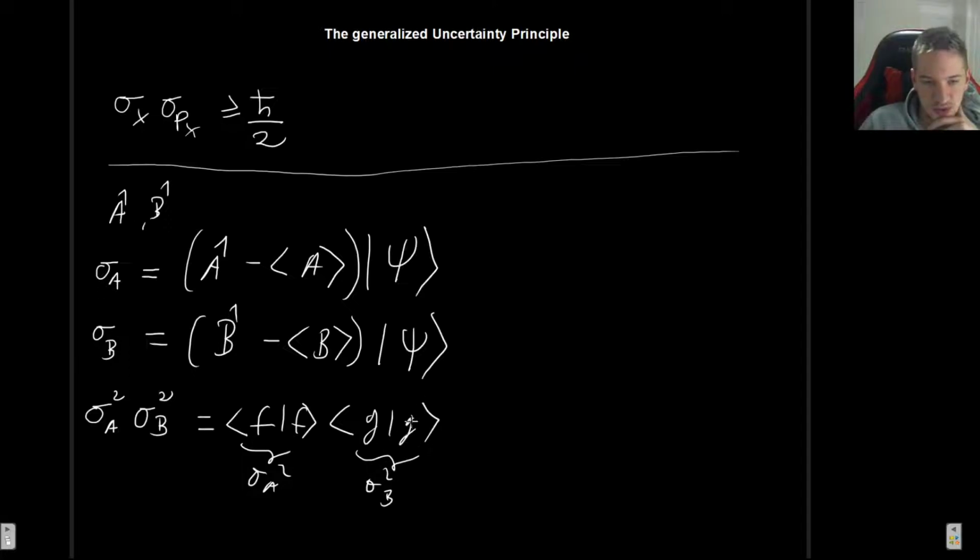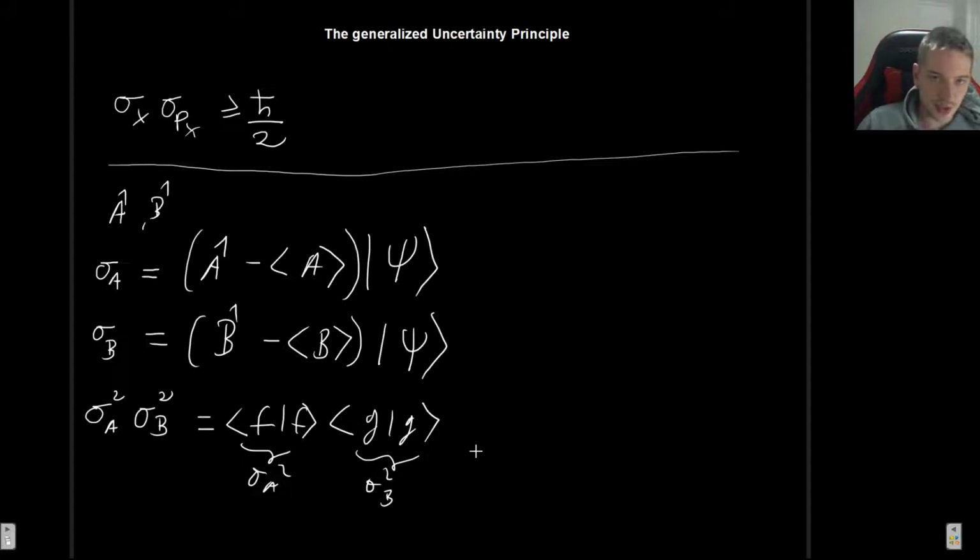In fact, here we could see that the ket of g would just be this right here, and the bra of g would be the bra of this right here. And similarly, in this case, the ket of f, I said it backwards. The one with b would obviously be this one, and the one with a would be the one here. So what we did here is that we just wrote these square terms in terms of inner products. This is exactly the same as saying the operator a squared is just a times a, right? But we used a different notation for the inner product, which is this Dirac notation.